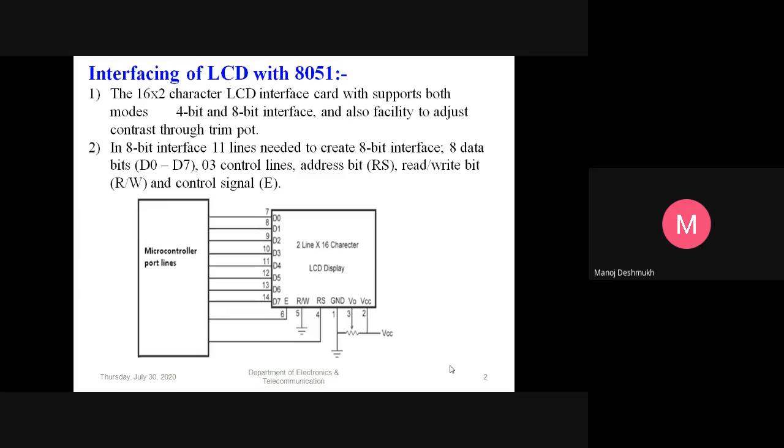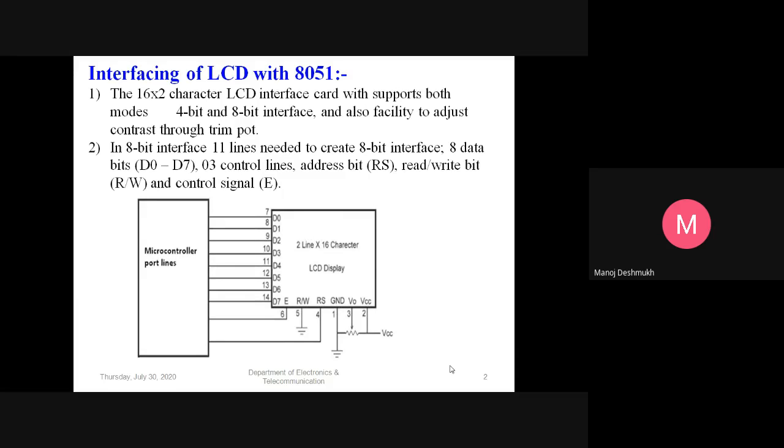So a total of 16 characters are there. As per your requirement, you may write any special symbols, numbers, alphanumeric, either capital letters or small letters. According to that, you are able to send the message through the microcontroller on the LCD display.